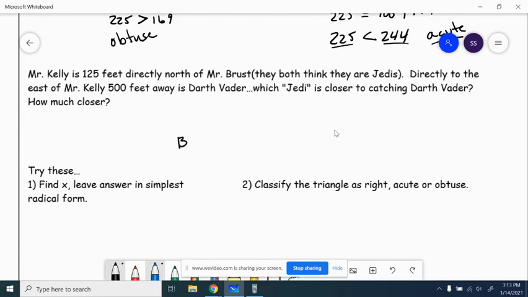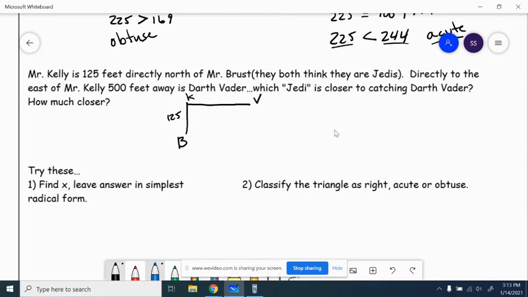So let's put Mr. Brust here, and directly north will be Mr. Kelly. He's 125 feet directly north. And Darth Vader is 500 feet away east of Mr. Kelly. So Vader is right here.